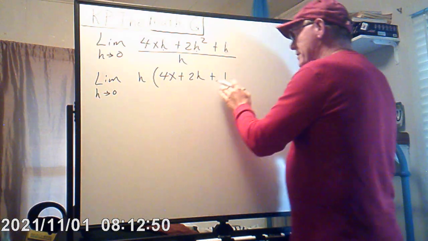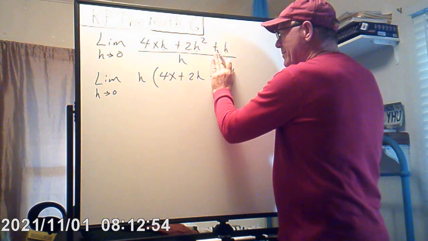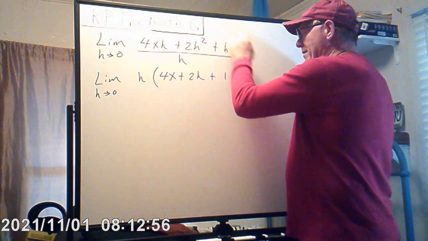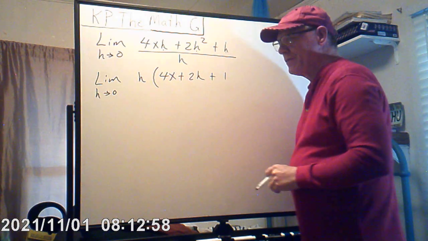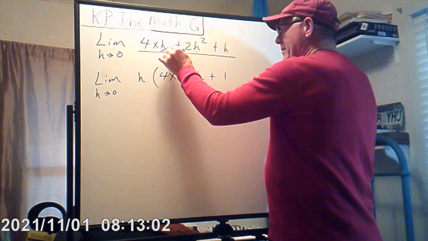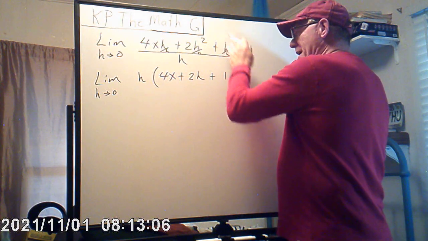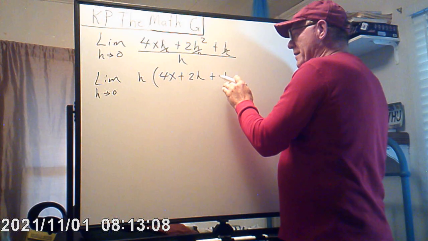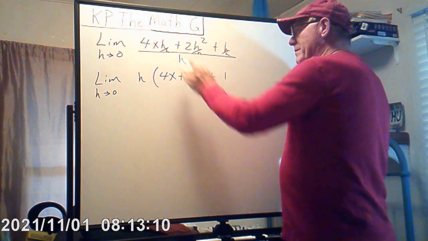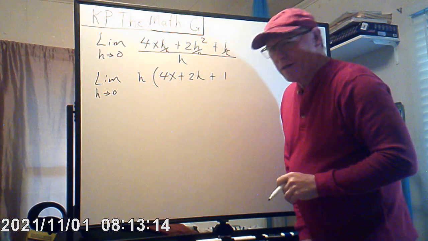Well, some students now, they leave that one out. You have three terms and somehow end up with two. And so you don't have anything over here. Well, yes, you do. You have a 1. A lot of times I'll just say divide out by that h here, and that's h over h is 1. You have another term. If you have 3 terms here, you better have 3 terms here.